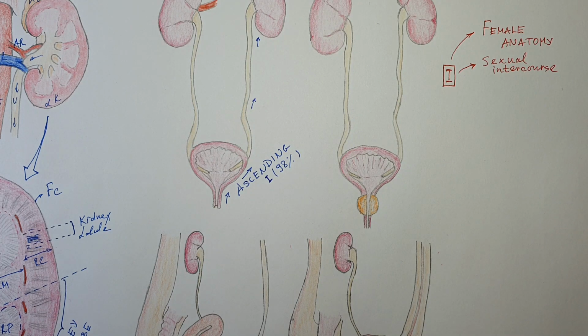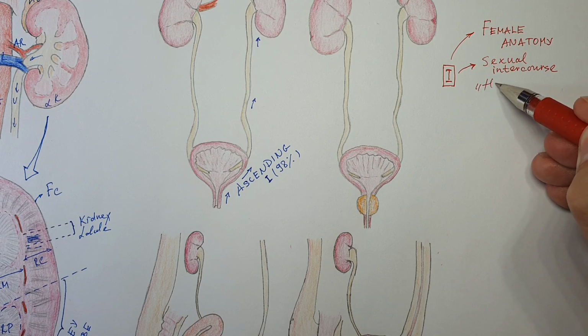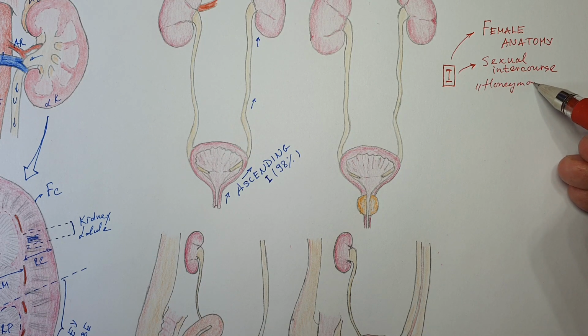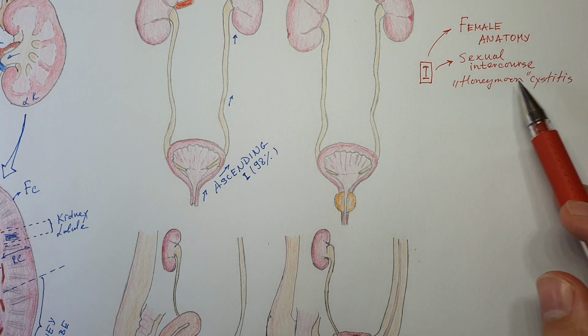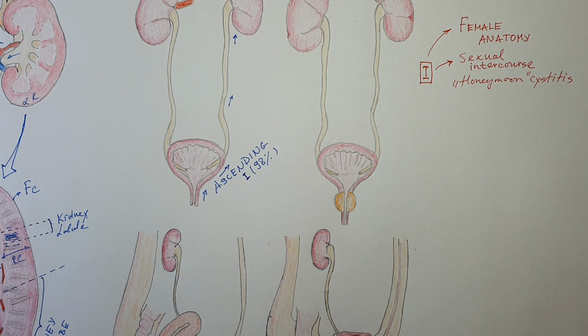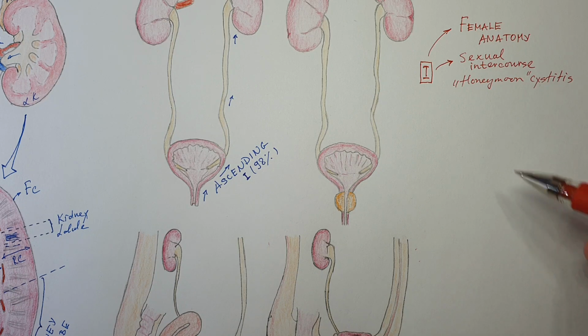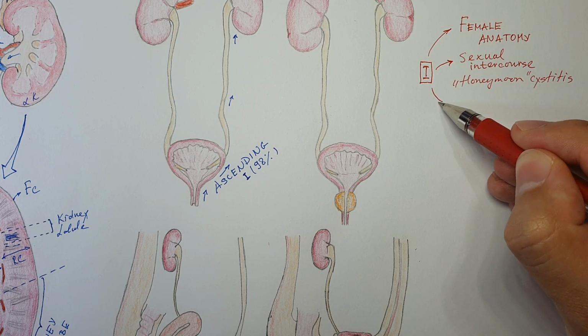There is also a disease called honeymoon cystitis, because when couples get together on their honeymoon, women commonly develop a urinary tract infection afterwards, especially because of these anatomical disadvantages, if I can say it like that.